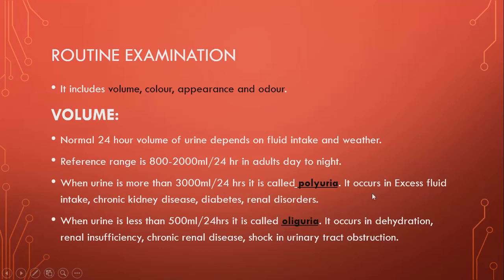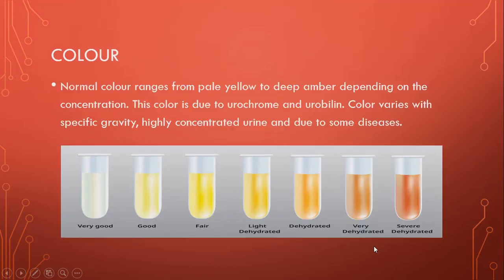It occurs in excess fluid intake or CKD, chronic kidney disease, or diabetes or some of the other renal disorders. While oliguria is when the urine volume is less than 500 ml per 24 hours. It occurs in dehydration, renal insufficiency, chronic renal disease, shock, and urinary tract obstruction.